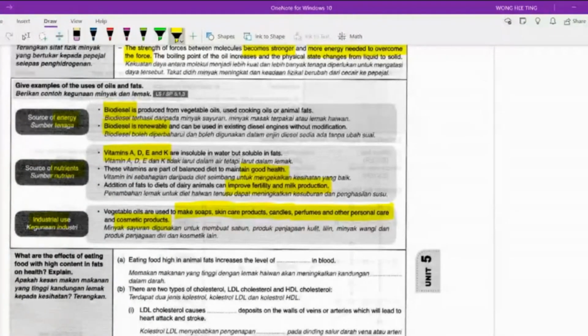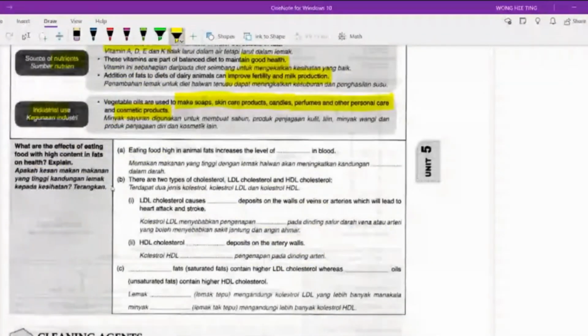Now, what are the effects of eating food with high content of fats on health? High content of fats, good or not, class? Okay, it depends. Eating food high in animal fats increases the level of LDL in the blood.